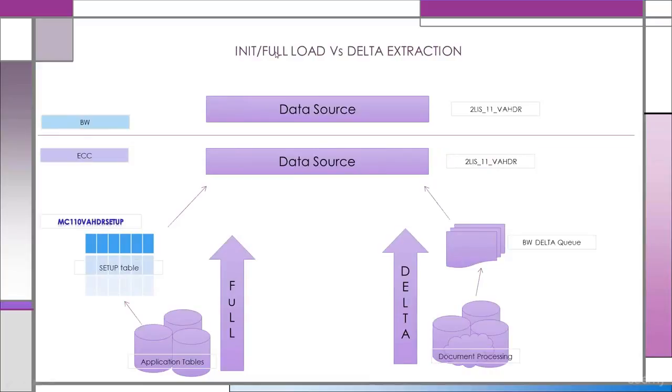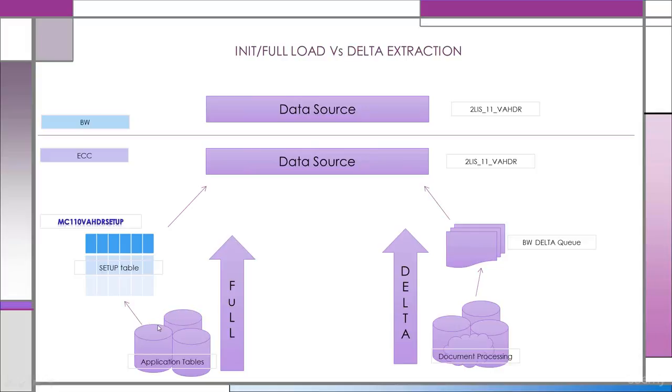So this is initial or full load versus delta extraction. Whenever a document is posted in the ECC, the data is stored in the primary table, and from the primary table it goes to the application table or statistic table.